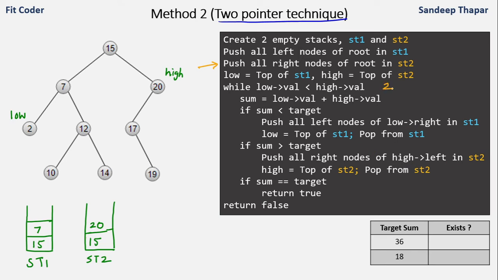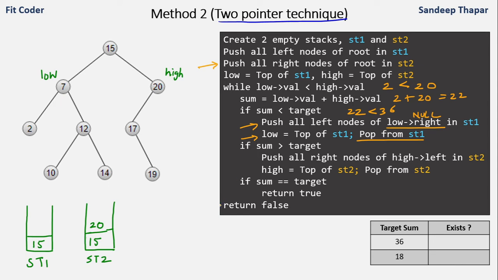In the next iteration, we check if low, which is 2, is less than high, which is 20. We compute the sum, it is 22. We check if 22 is less than 36. We push all the left nodes of right of 2, which is null. So there are no nodes. Low becomes equal to top of stack 1. So now low will point to 7. And then we pop from the stack 1. So we remove 7.